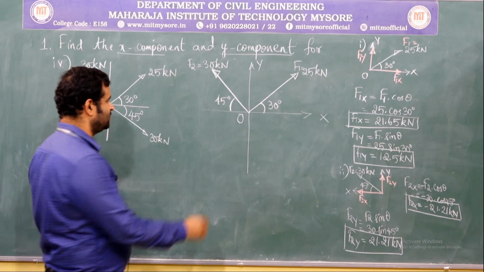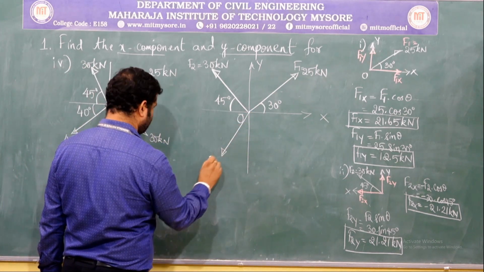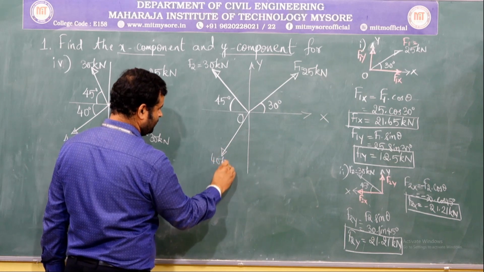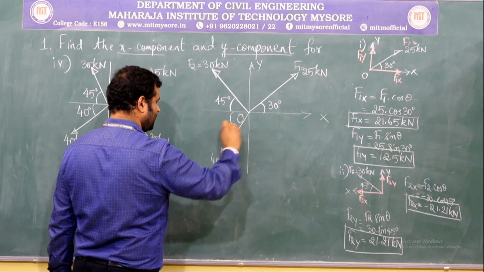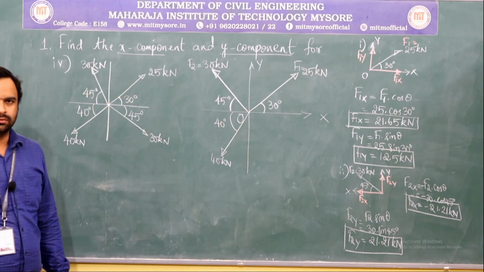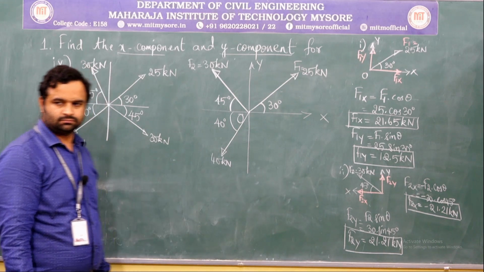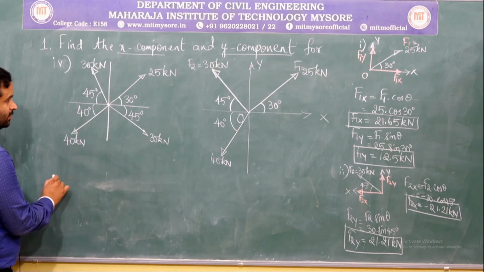Now let me consider the third force, which is 40 kilonewton and the angle of inclination is also 40 degrees. Now try to resolve this separately. So let me write it here.